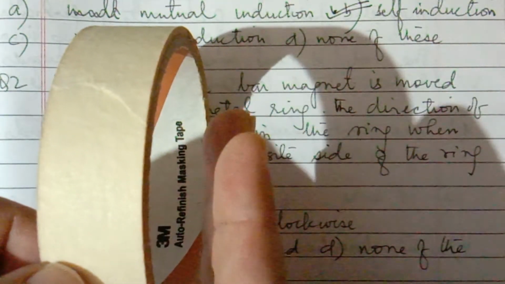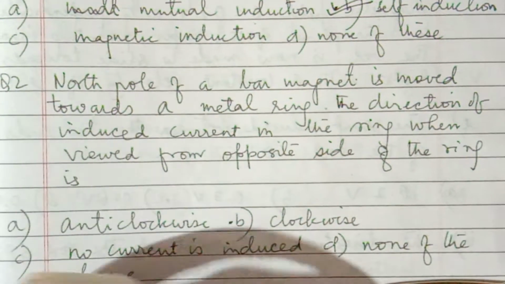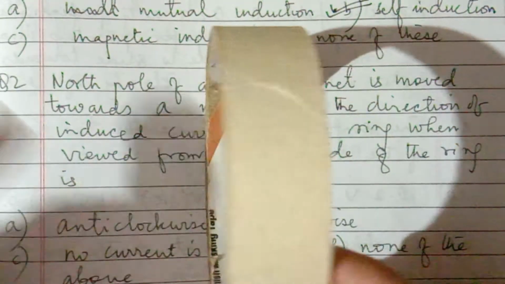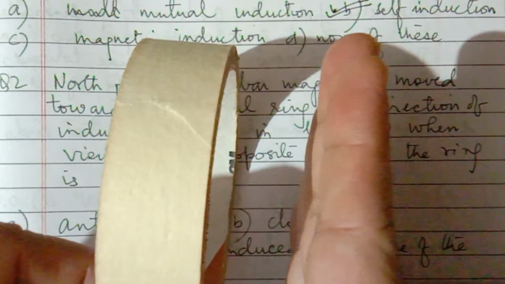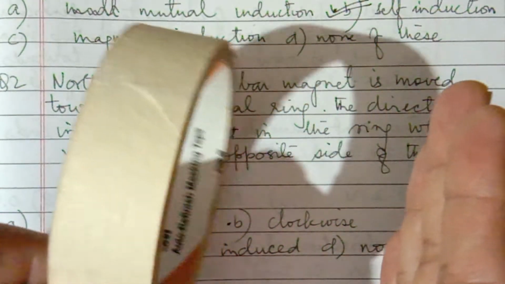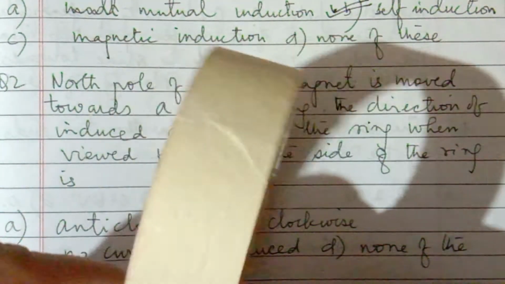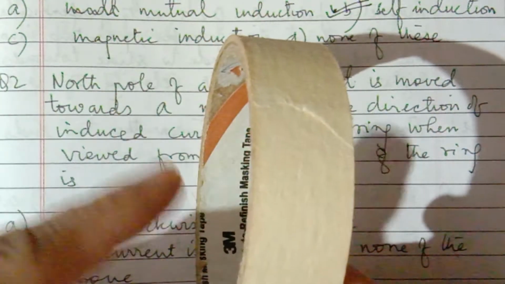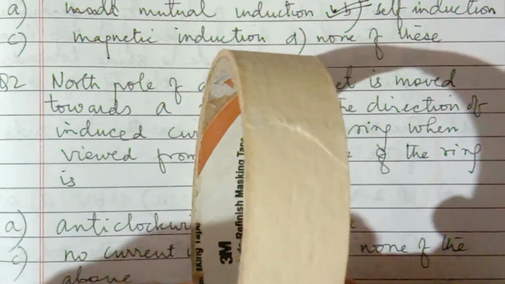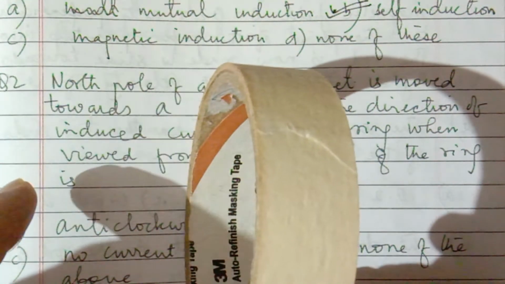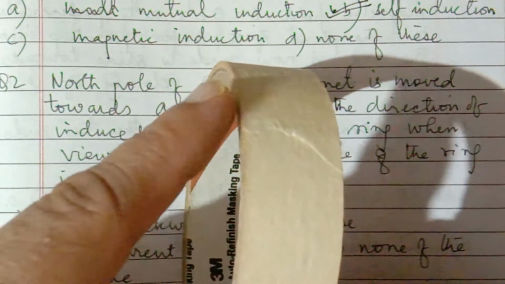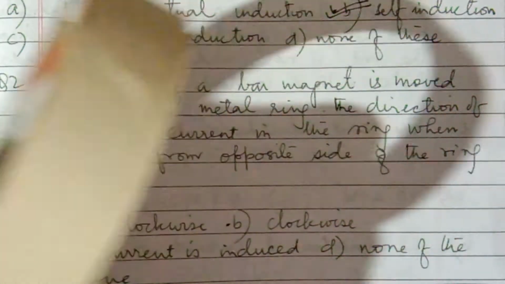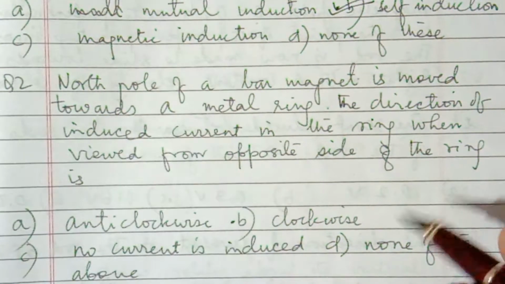But when viewed from the opposite side, you have to view from this side. If north pole is formed on this side, then obviously south pole will be induced on that side. Now when you view from this side, south pole will be induced here.